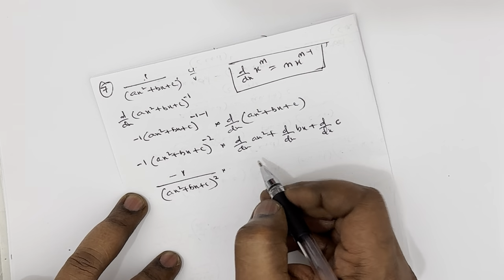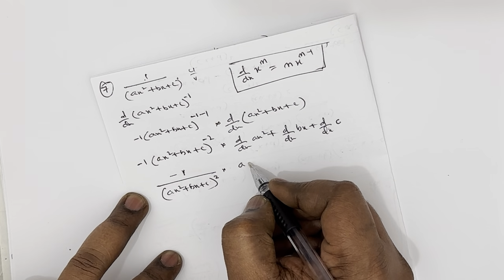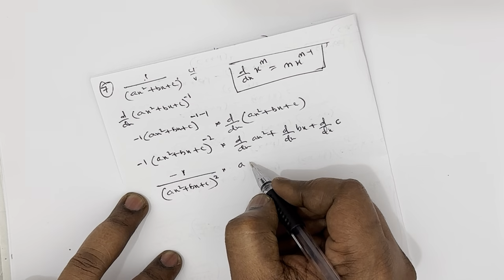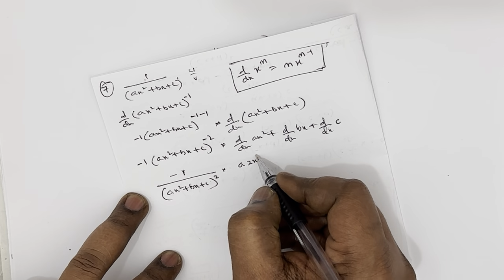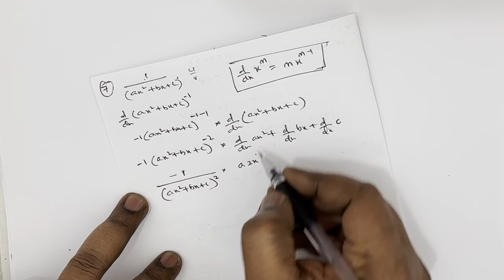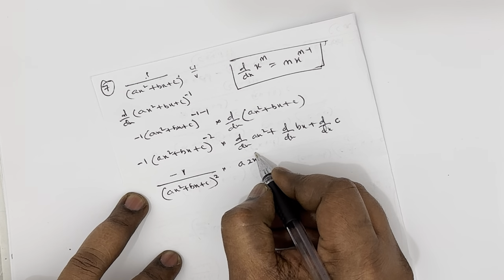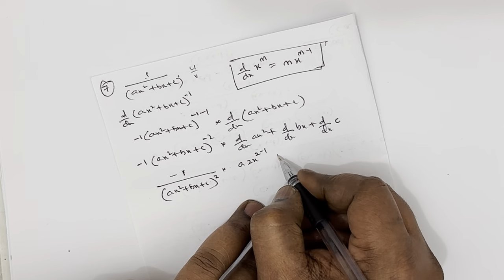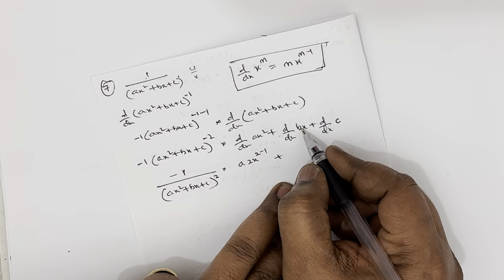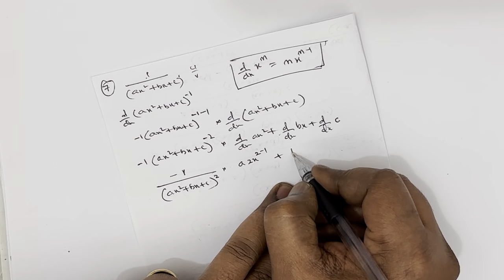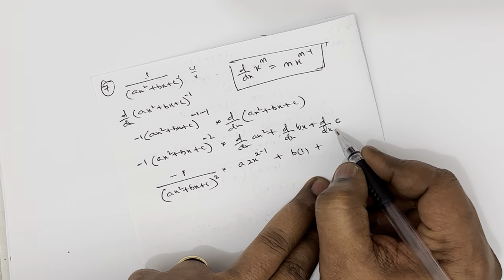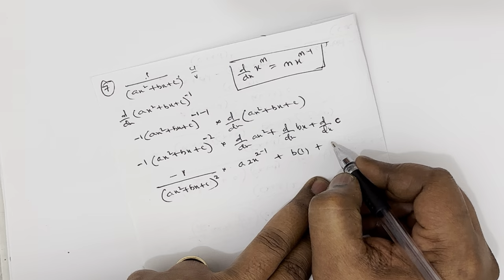The derivative of ax squared will be, a is constant, and the derivative of x squared will be 2x. Okay, 2x raised to 2 minus 1, plus the b will stay out, so the derivative of x will be 1, so b into 1, plus the derivative of c, which is a constant, will be 0.